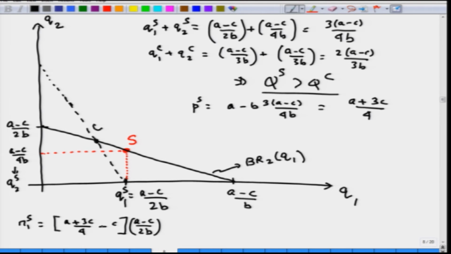So, this is the profit of firm 1. So, we have this is (A minus C) whole square by 8B. Again, this is greater than the profit that firm 1 would get under Cournot competition, which is (A minus C) whole square by 9B.